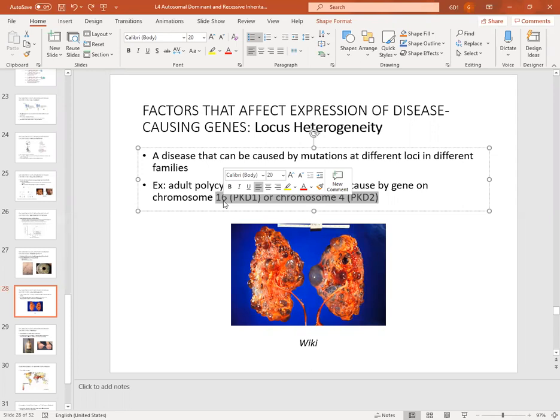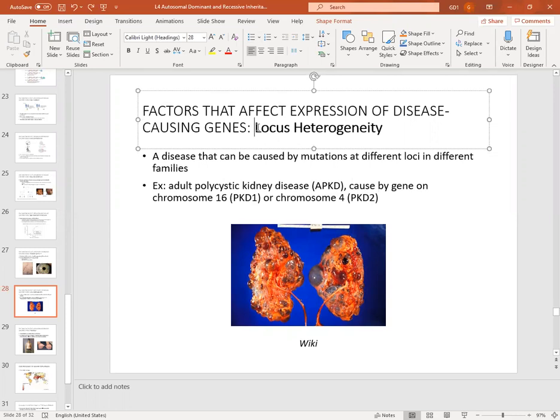That may also be a common case, but I haven't checked this one yet. If you want to check it, you can check whether the genes that make the disease in locus heterogeneity really belong to a gene family or not, and you can have the answer for that.